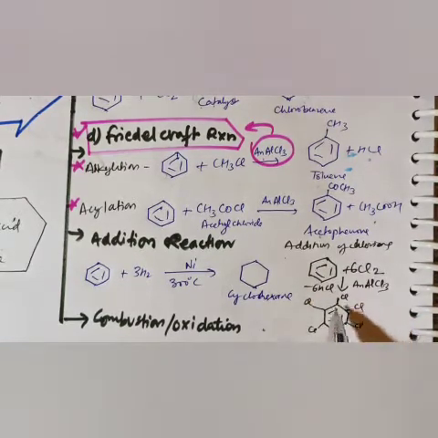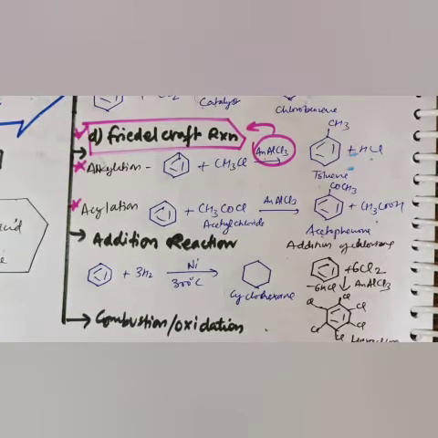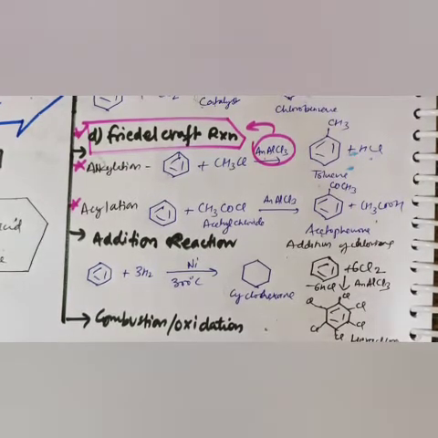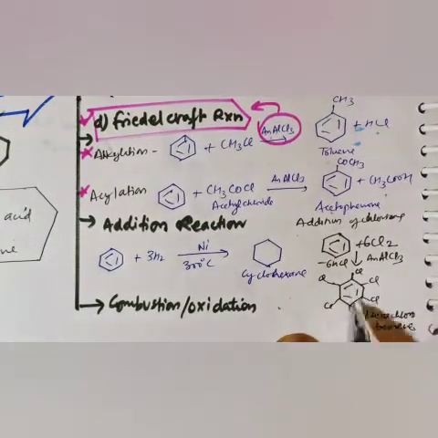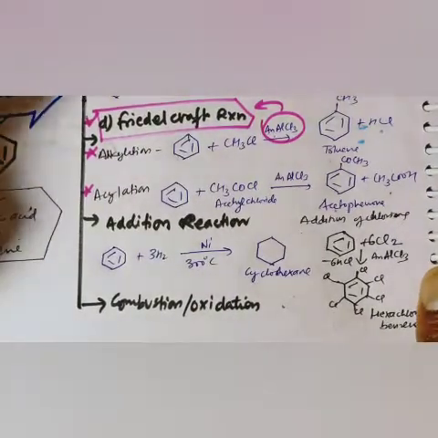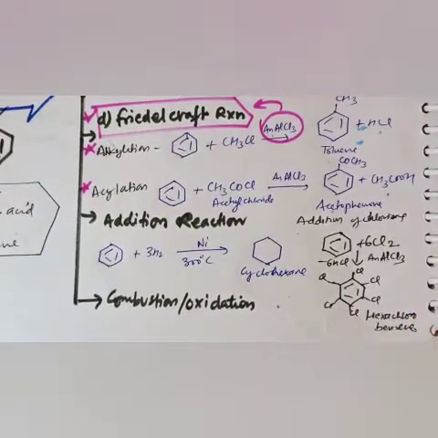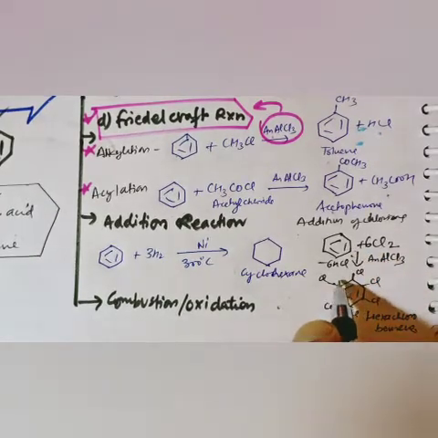So you can count 1, 2, 3, 4, 5, 6 chlorine. It means that it is called hexachlorobenzene, C6H6Cl6... C6Cl6, hexachlorobenzene. And with 3 chlorine it is giving BHC, benzene hexachloride.